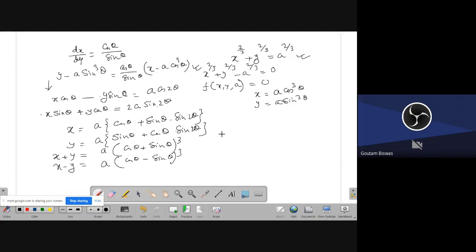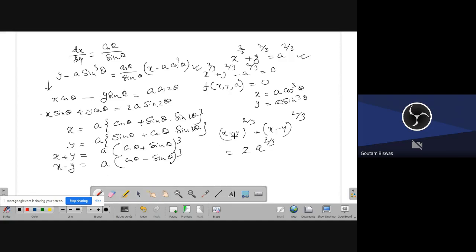Okay, so raise x plus y to the power 2/3, plus x minus y to the power 2/3, and this is equal to, making it 2/3, the inside 2 becomes square, so it comes out as twice a to the power 2/3.